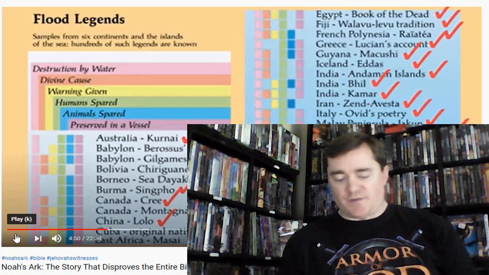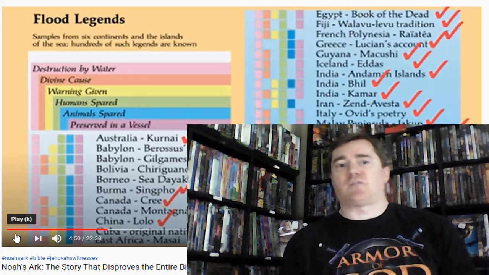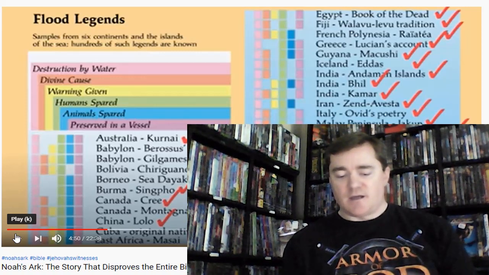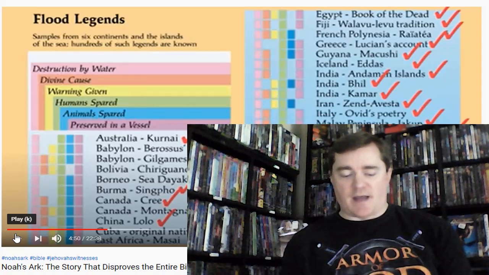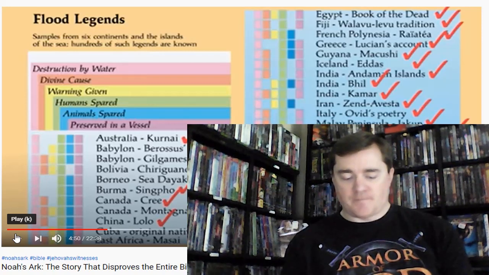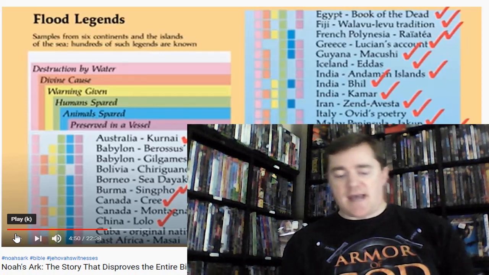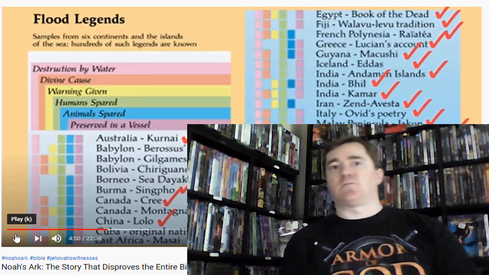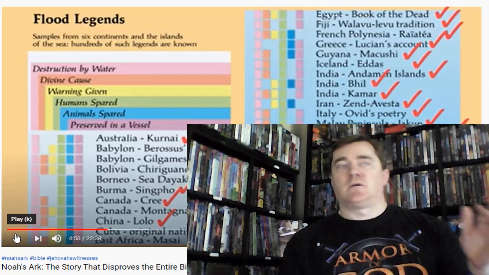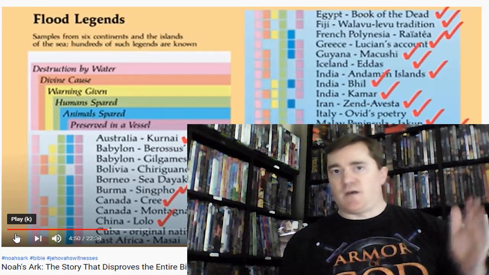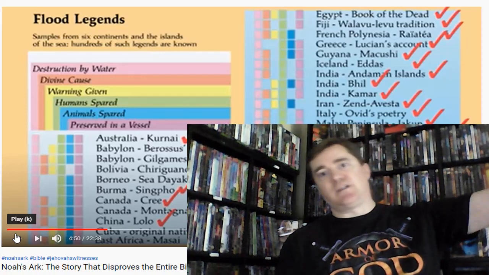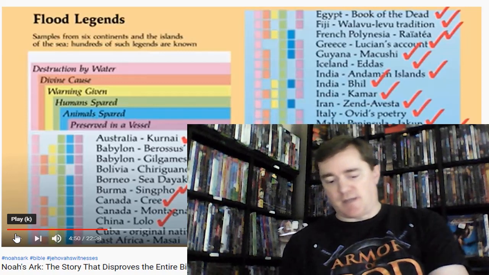One other thing that doesn't make any sense to me is that in a little bit he's going to talk about how the Tigris and Euphrates end up kind of in the Turkish mountains where Mount Ararat is, but that's not how they flow. They actually flow from the mountains down to the sea.